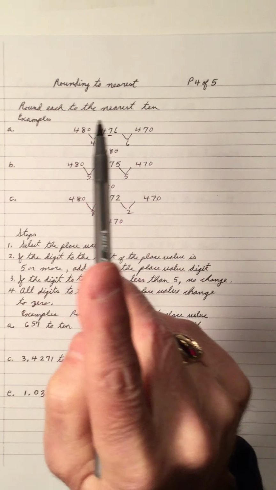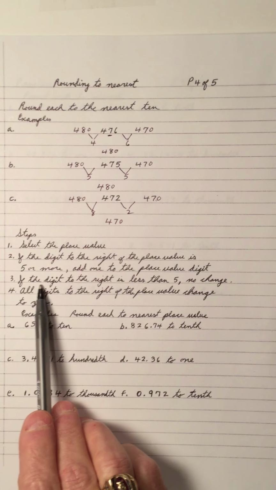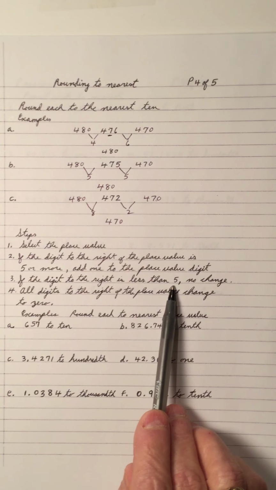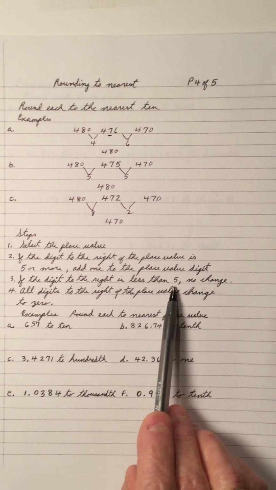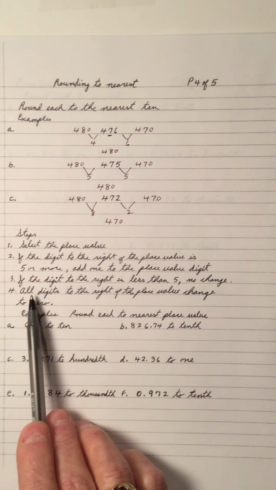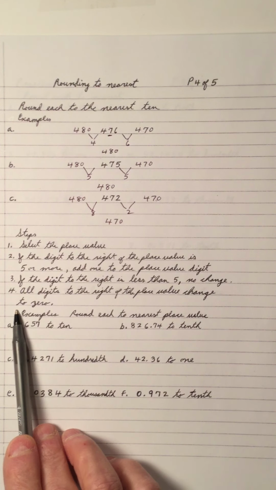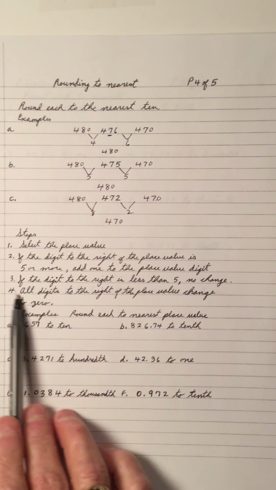If it is, we add 1 to the hundreds place. If the digit to the right is less than 5, we do not make any changes. And all the digits to the right of the place value change to 0. Let's go through some examples following these rules.